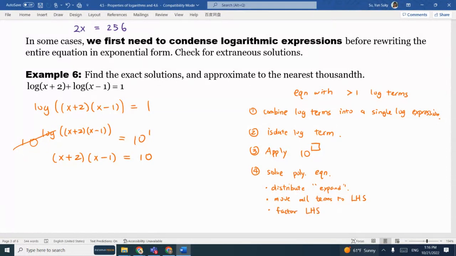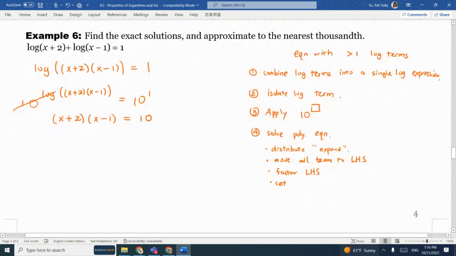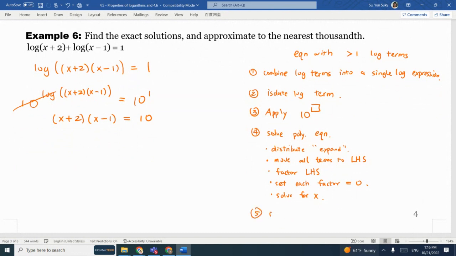Set each factor equal to 0 and then solve for x. This is how we solve a polynomial equation, right? After that, we check our answers because this is an equation involving log expressions. So we need to check our answers.